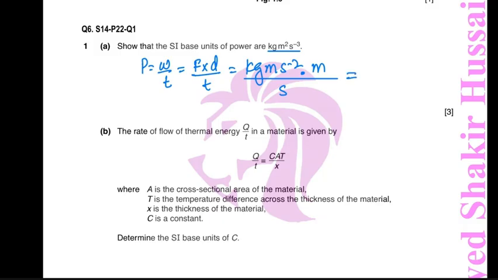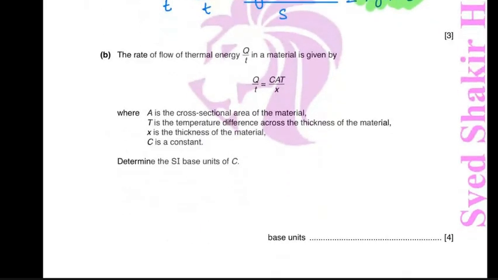Simplifying it, it becomes kg m² s⁻² up there and s in the denominator. The s will come up and become s⁻¹. So s⁻¹ and s⁻² make it s⁻³. So there you go, kg m² s⁻³.